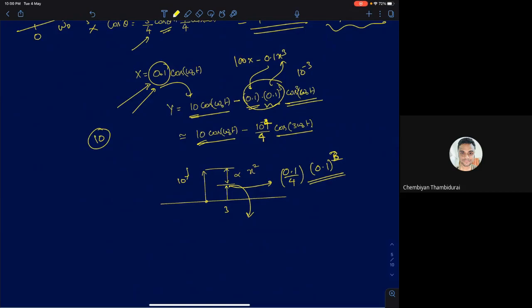So that's why if you reduce your signal level, the harmonic levels will decrease significantly. I can also say it the other way: if I increase my signal level by 10 times, how much does the third harmonic increase? 1000 times, right? It increases by 10 cube times.